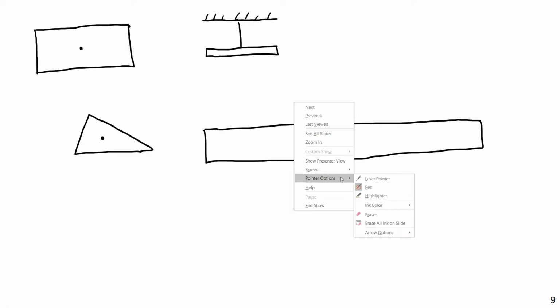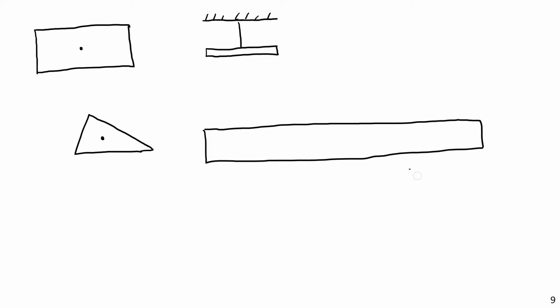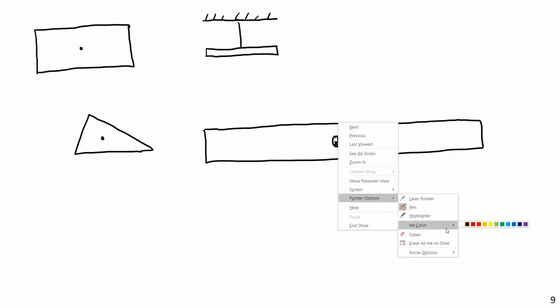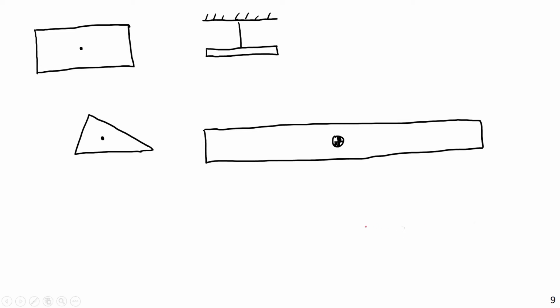So let's say you have your object with its center of mass here. Well, the thing about the center of mass, it's right in the name, is the center of mass. Gravity always acts downward through an object's center of mass, and so it acts as a vector pointing downward through the center of mass.